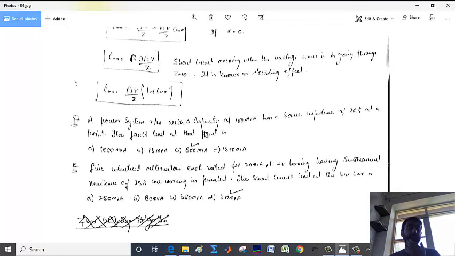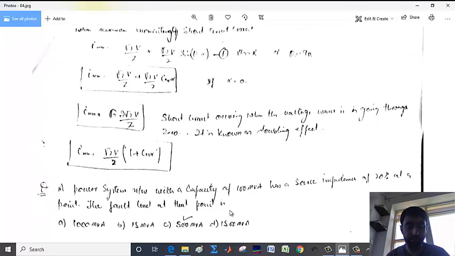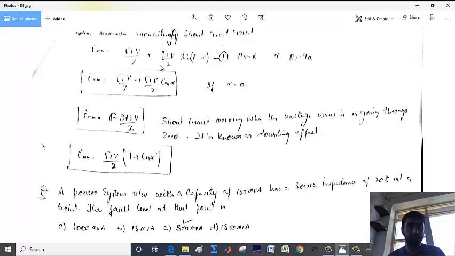When the circuit breaker is designed, we have to take this maximum current into consideration. So if we make the mechanism in such a way, we can mitigate this current. You can say this is root 2 V by Z sine of theta minus alpha. We can make this equal to 0 if theta is equal to alpha.